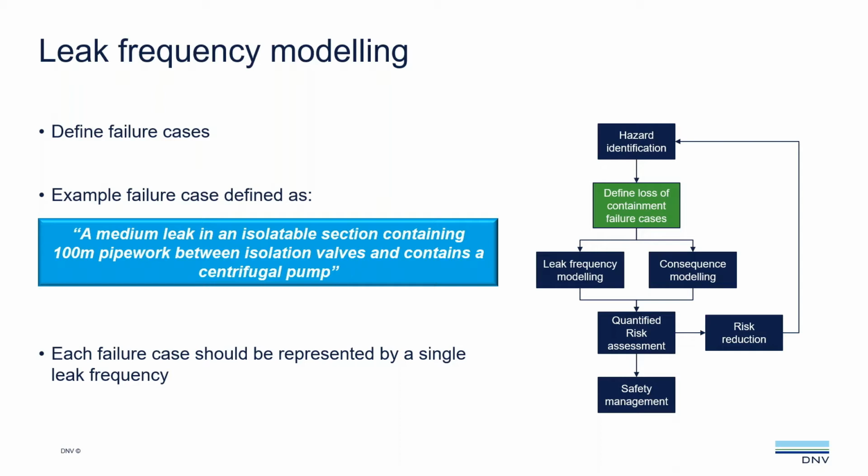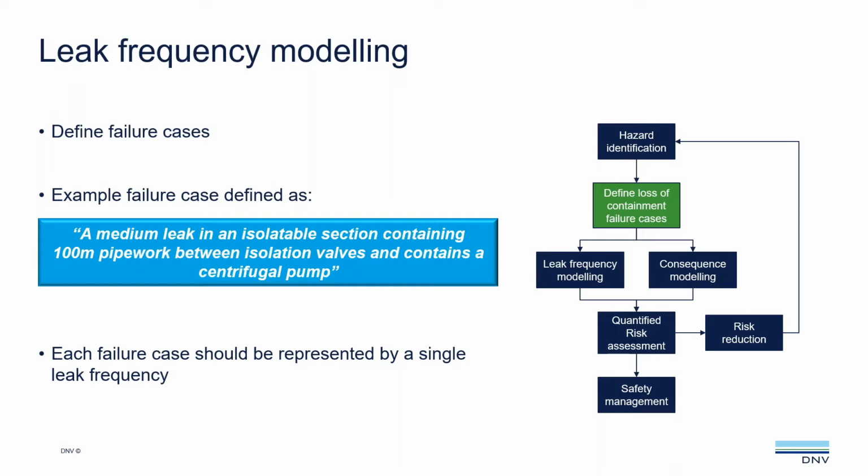So on this particular example facility, there is an isolatable section that contains some equipment, and the analyst wants to model a medium-sized leak from the equipment within that isolatable section. So the medium-sized leak from that equipment would represent one of the failure cases in the QRA.